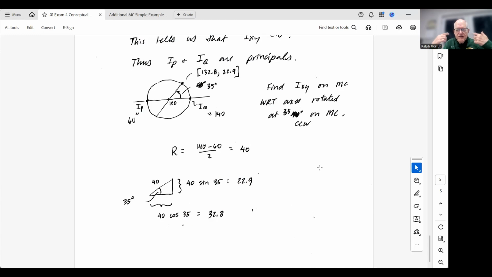And it's a different way of thinking, which is why we're practicing, to get your brains working and prepared for these typical conceptual style questions for Mohr circle on your exam 4.